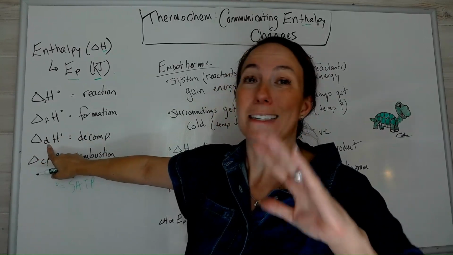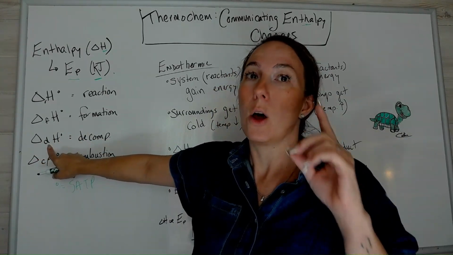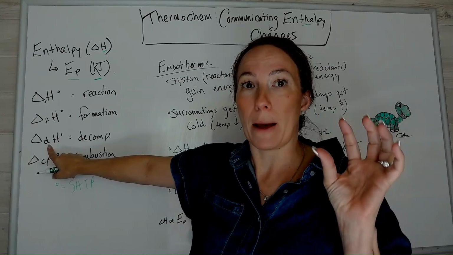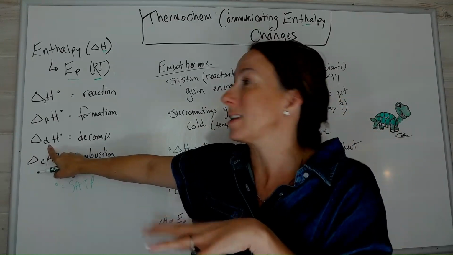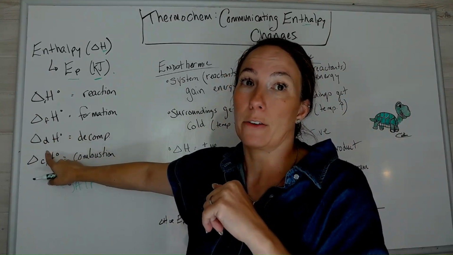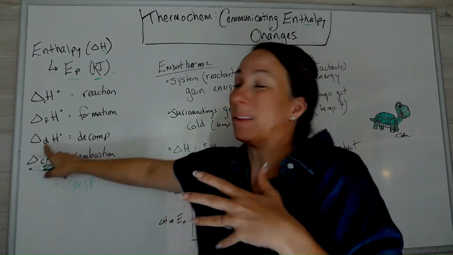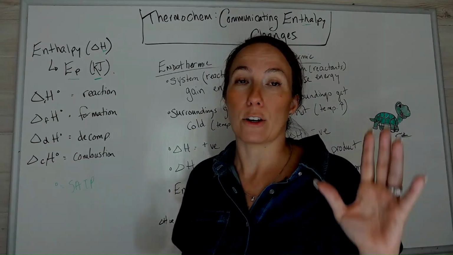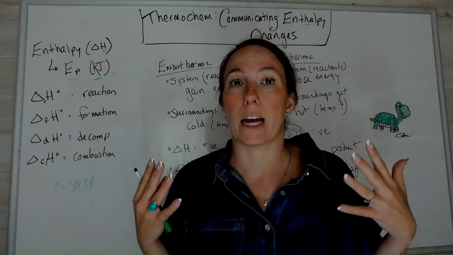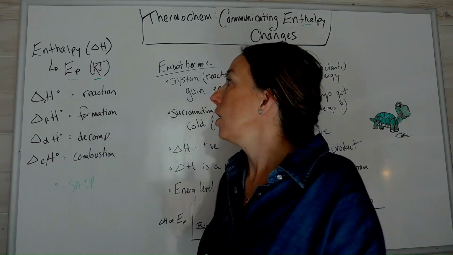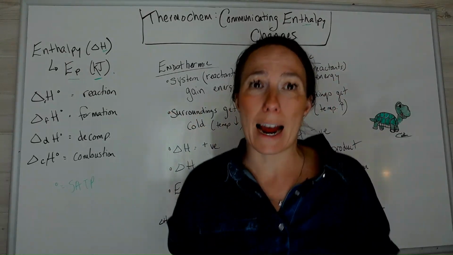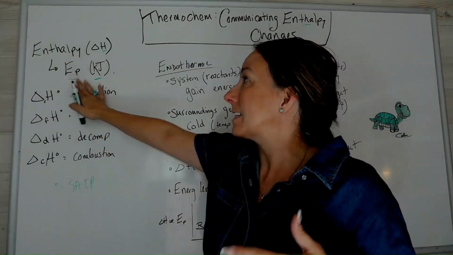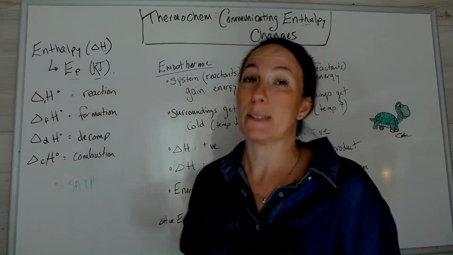If it's specifically the decomposition reaction, your compound going into its elements, the exact reverse of each other, then we're going to put a little D here for decomp. And you often see a little C for combustion because we often are talking about the combustion reaction here.